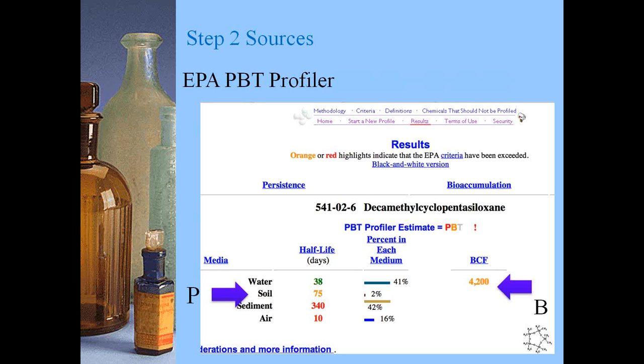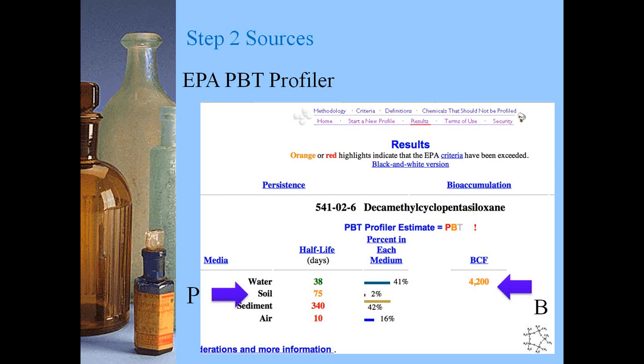Here's an example of one of the databases. It's something that EPA has done to identify PBTs. It documents, for example, on the left here, persistence. It'll give you the half-life for this chemical, decamethylcyclopentasiloxane, which is another alternative that's used in the dry cleaning business.